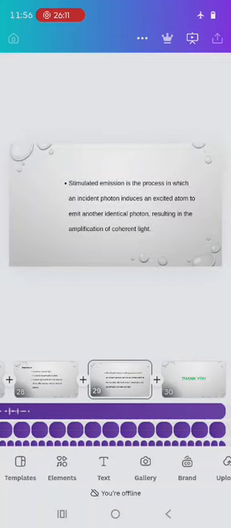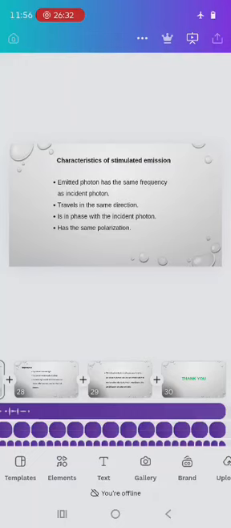Stimulated emission is the process in which the incident photon induces an excited atom to emit another identical photon, resulting in the amplification of coherent light.